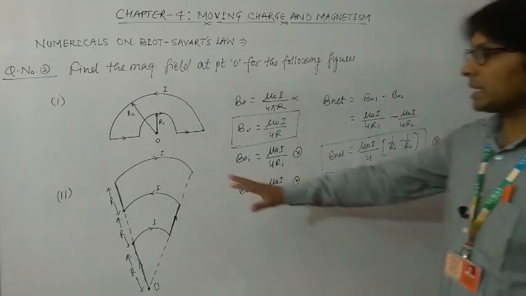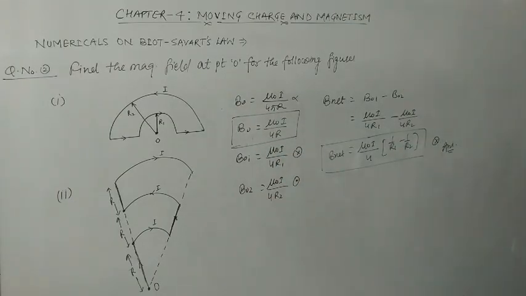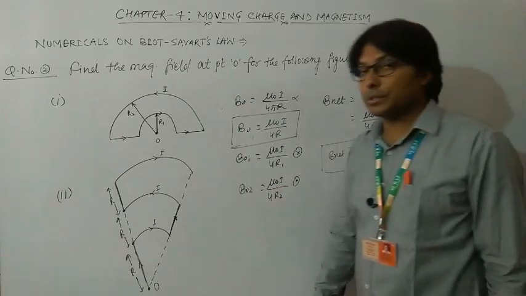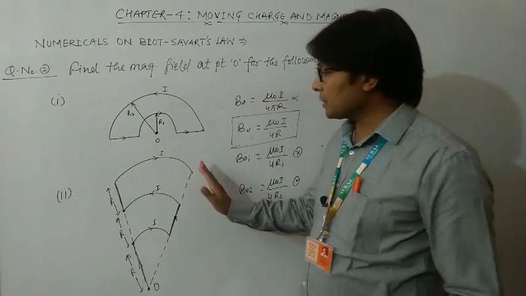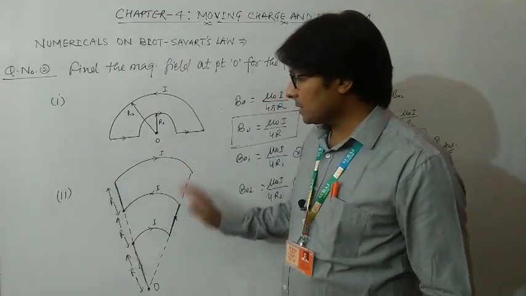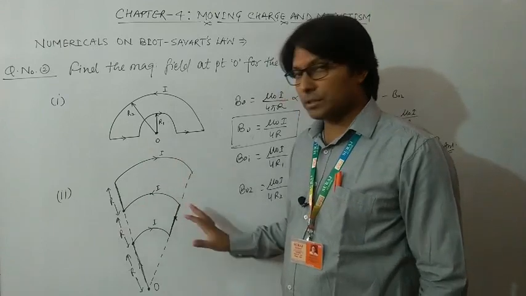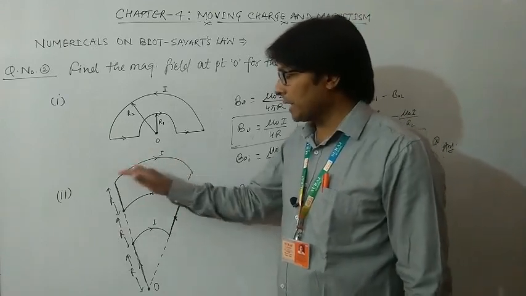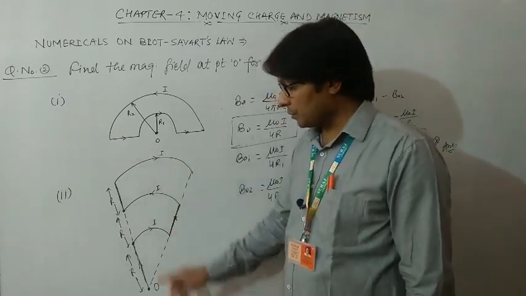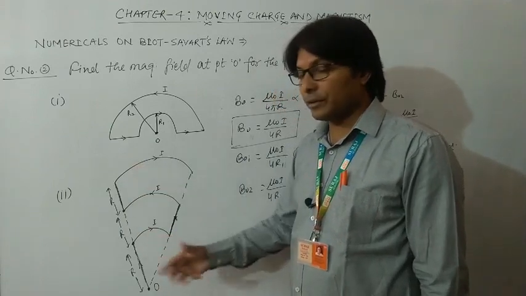Now coming to the second figure, as you can see, there are three loops of different radius. First loop is this, second loop is this. Although these are not complete loops, all three are acting as arcs of circles of different radius.